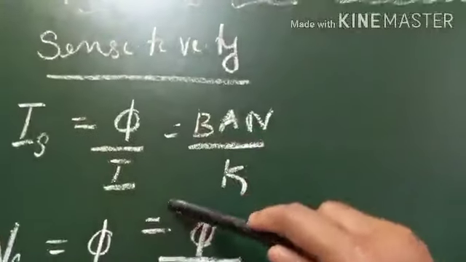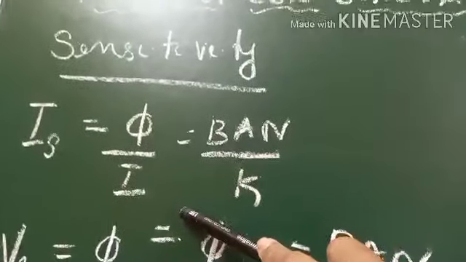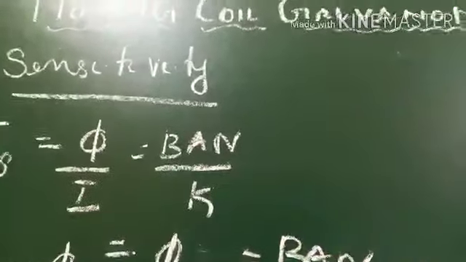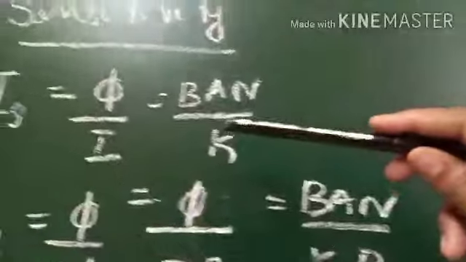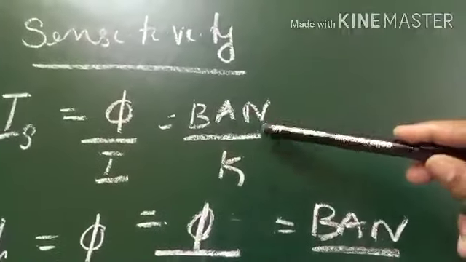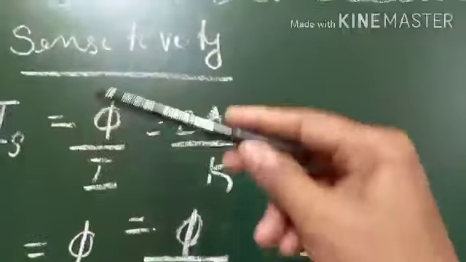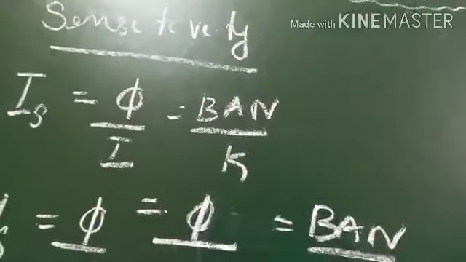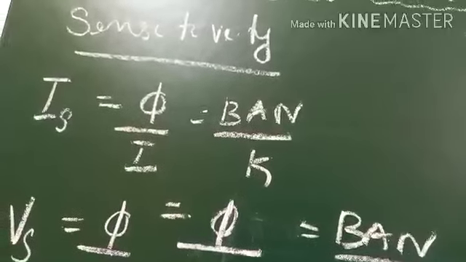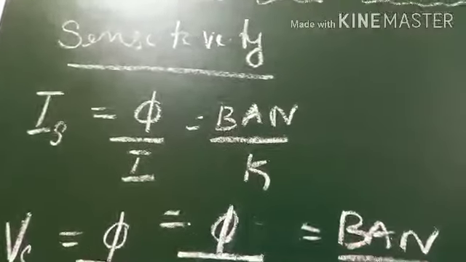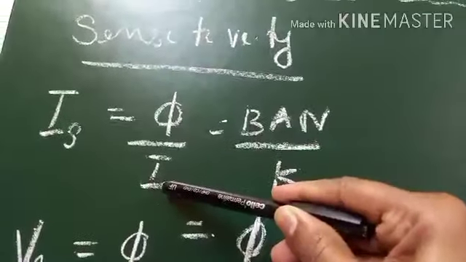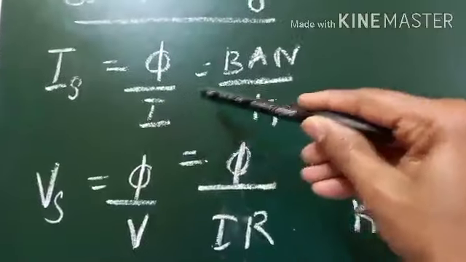Current sensitivity Is is equal to phi divided by I. From the previous expression, I by phi is K by BAN, so phi by I is BAN divided by K. So current sensitivity is the deflection produced in the galvanometer when unit current flows through it.